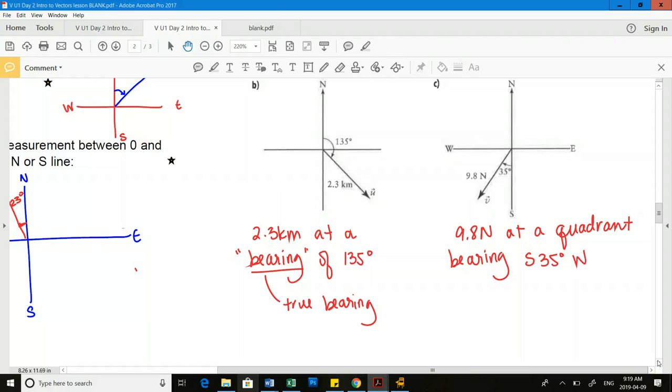Lewis? How we know which side 135 degrees to, like, it's also probably to the other side. Sorry, I'm not sure what you're asking me. Like for 135, we can also move it to the second part. So this one, for true bearing, it's always measured from the north line clockwise.